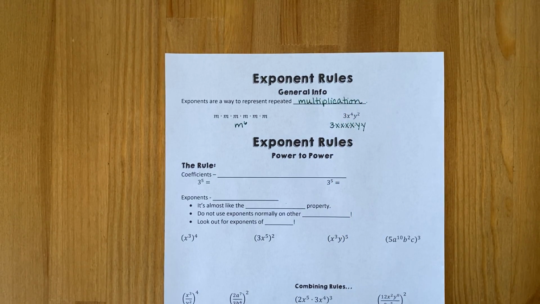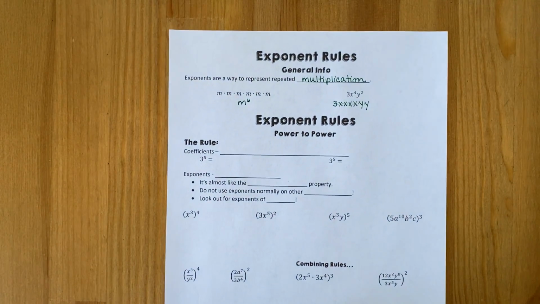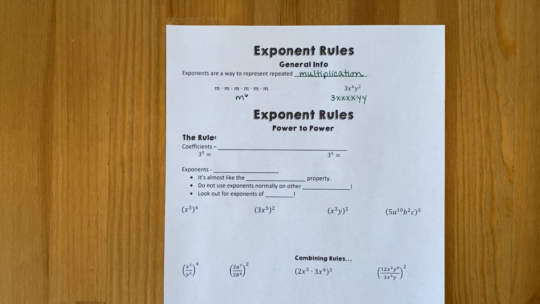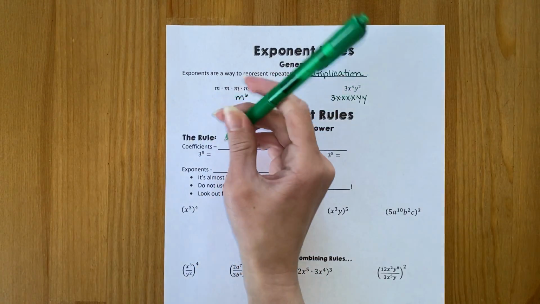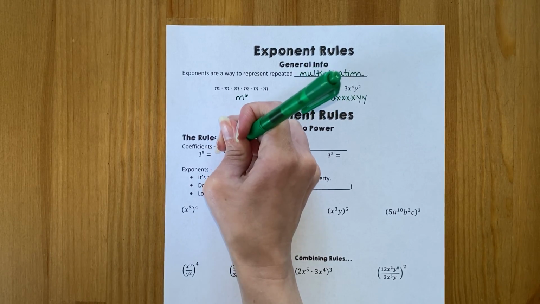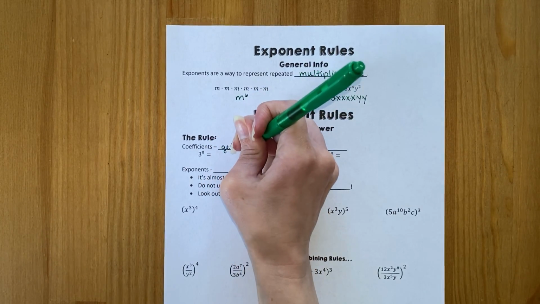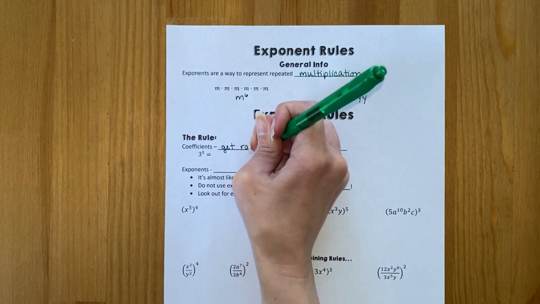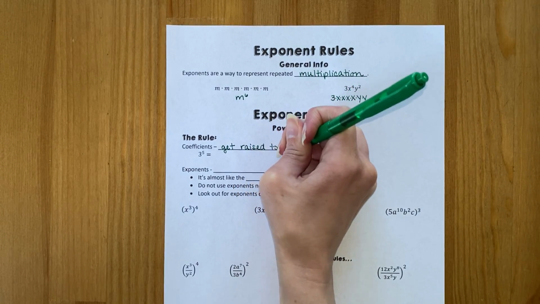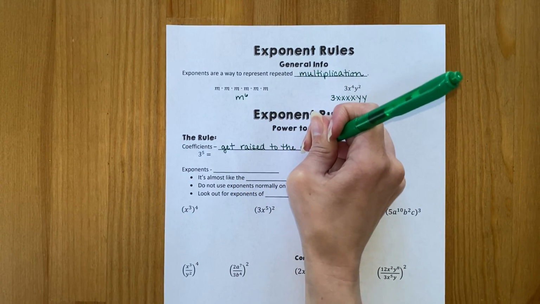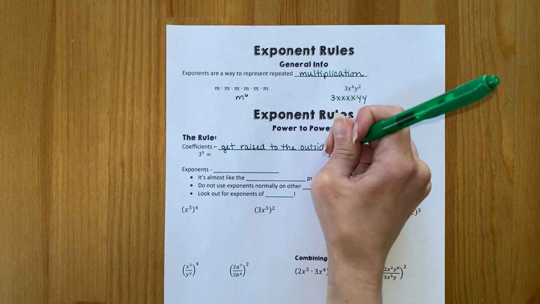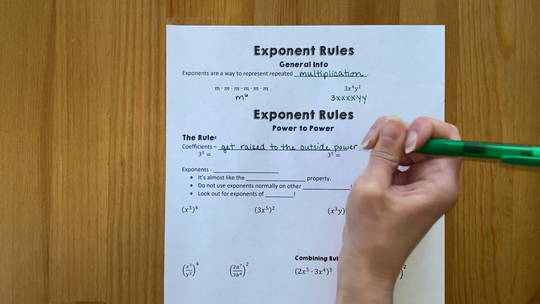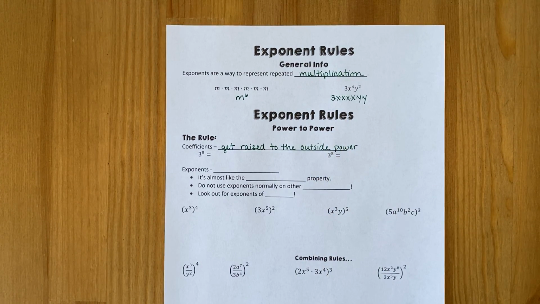All right, so for the power to power rule itself, coefficients are where people tend to make most of their mistakes. Coefficients are going to end up getting raised to the outside power. So exponents are going to act the way that they normally would with the biggest numbers.